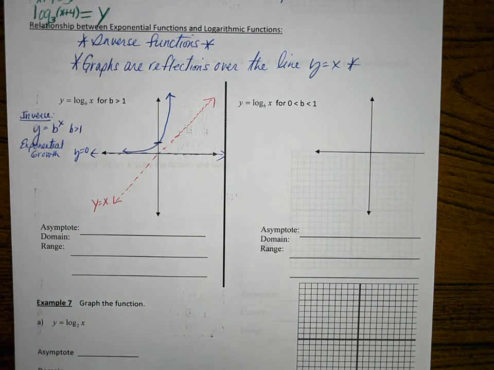Now, I realize that my log function, the inverse, is going to be a reflection over that line of y equals x. Think about your asymptote first. My asymptote for my exponential function was y equals 0, the x-axis.